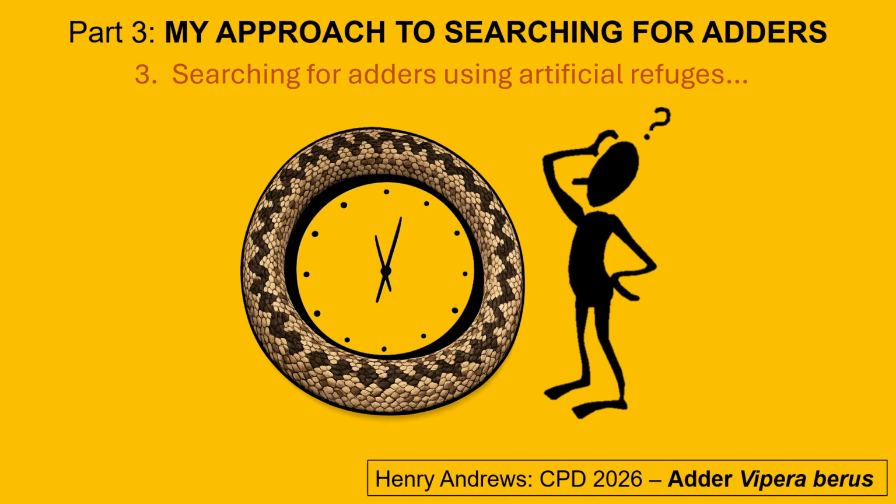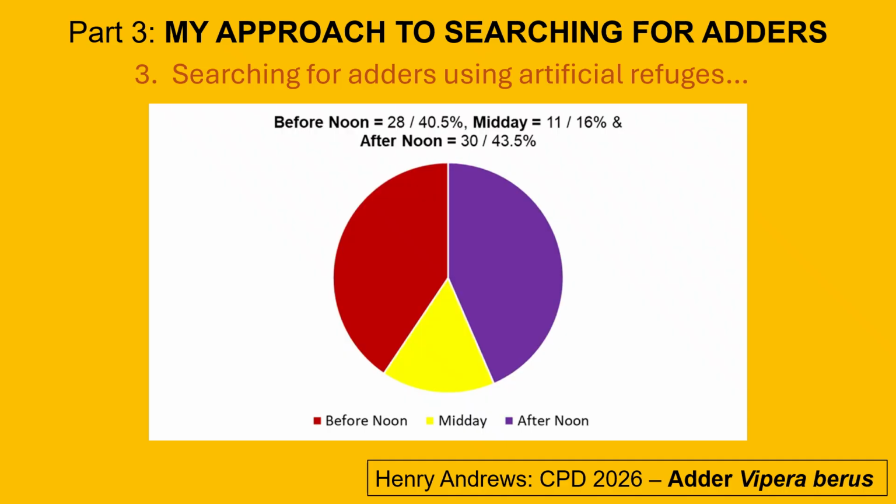As I don't have many records, I've grouped my records into just 3 time zones, comprising morning from sunrise to an hour before solar noon, midday an hour before to an hour after solar noon, and afternoon after the 2-hour midday period. So, despite doing 2 visits in the morning, my adder records are pretty well matched in the morning and afternoon, but so far I've encountered adders less during the 2-hour middle of the day circuits.